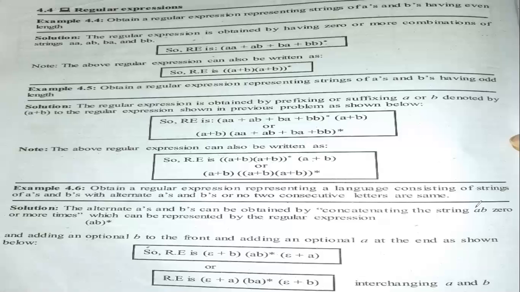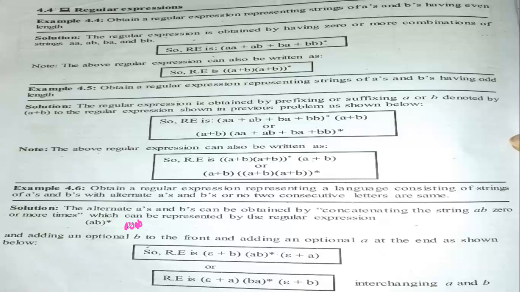Now in case of AB, if it is occurring for 0 times, then no consecutive letters are the same. If it is occurring once, AB, no consecutive letters are the same. If it is occurring twice, AB and then again AB, consecutive letters are not the same: B we have, A we are having, A we have, B we are having.